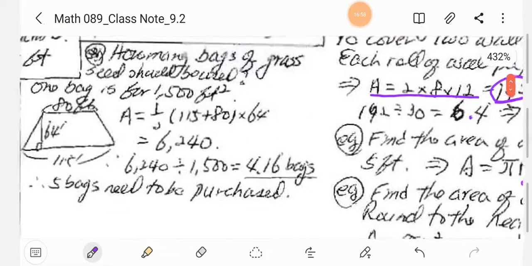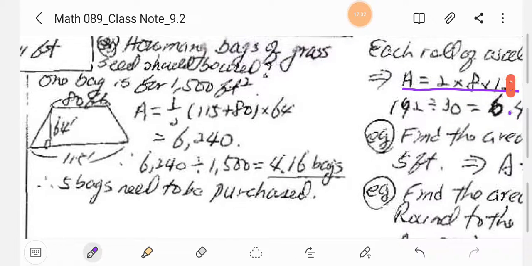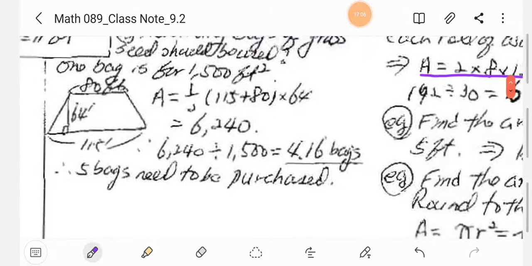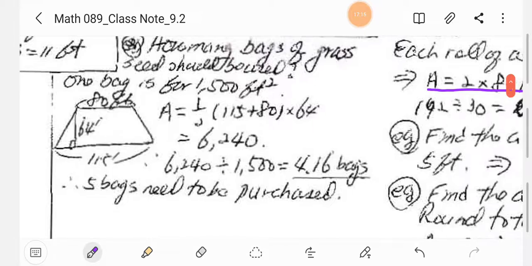How many bags of grass seed should be used? One bag is for 1,500 square feet. So we need to find the area of this trapezoid. So the formula for the area of a trapezoid is what? Add up the two bases, so add 80 and 115.